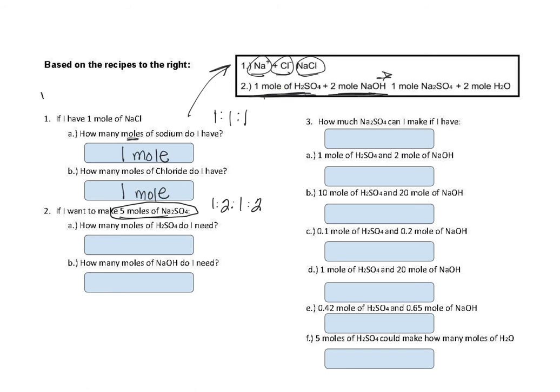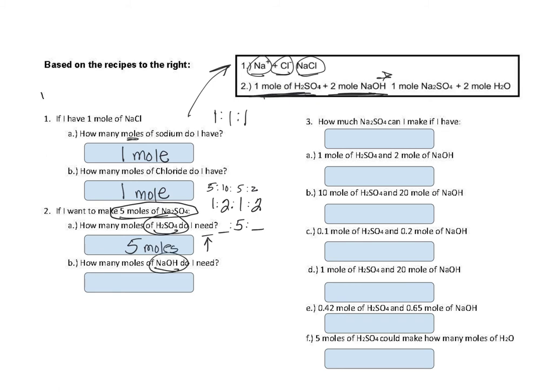And we want to make sodium sulfate, which is this. I want 5. They want to know how much of the sulfuric acid I would need. So if this is 5, I have to multiply everything by 5 in order to get the same ratio. So this would become 5 to 10 to 5 to 10. So for moles of sulfuric acid, I would need 5 moles.